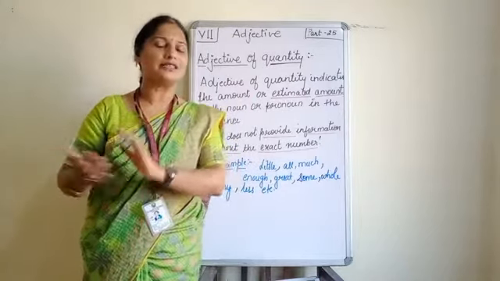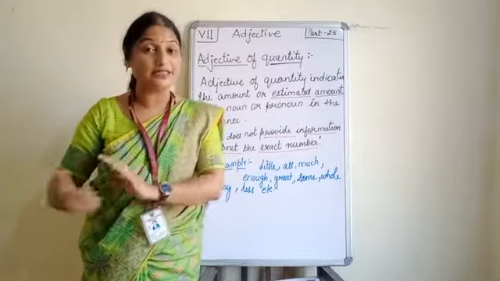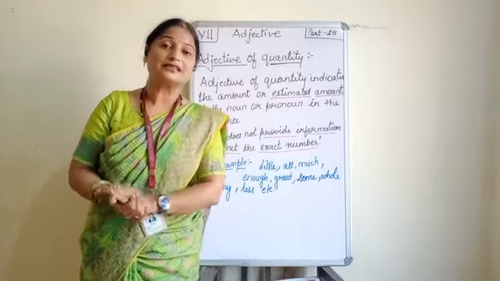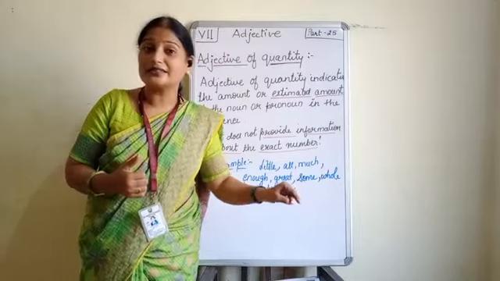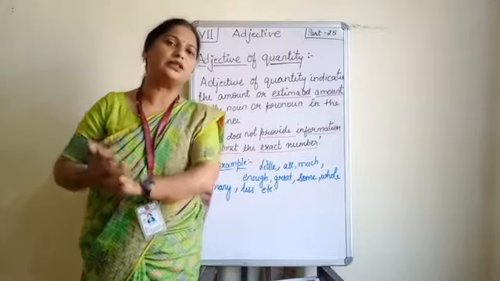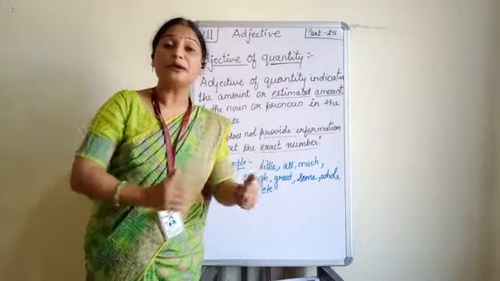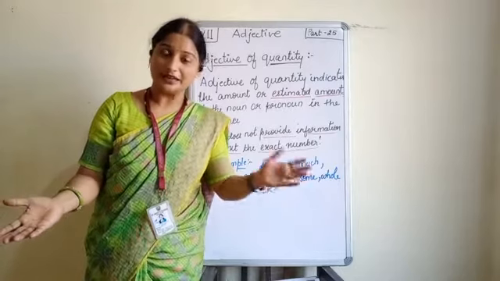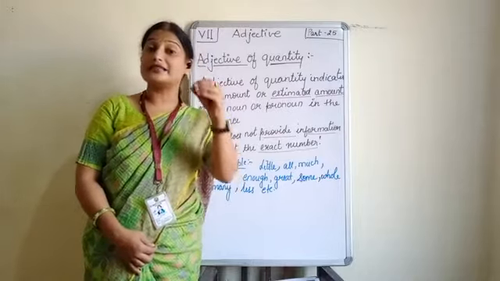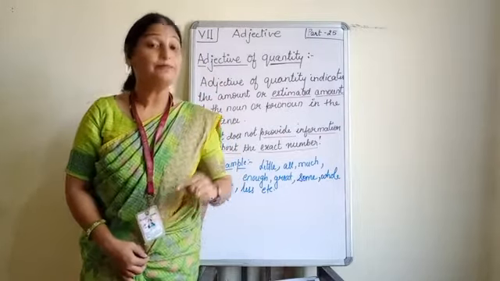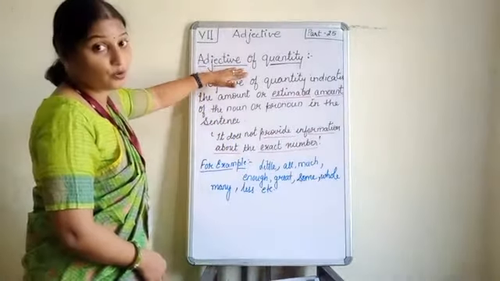Now suppose in another section of the same class, there are 50 children only, and if I enter there and say, all of you stand up, all will be 50 students. So once again, this all is different in the different class. Clear? And that's why this all is also not giving us the exact number, and that's why this all also comes under adjective of quantity.